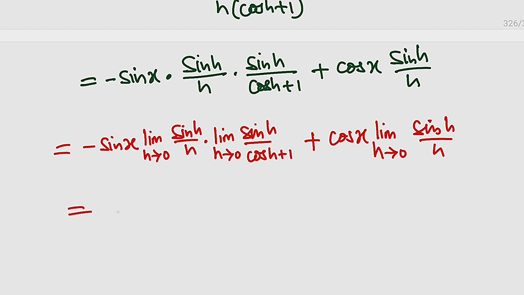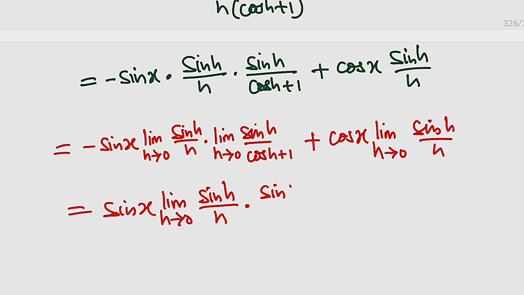This is equal to sine x multiplied by the limit as h approaches 0 of sine h over h. Then multiply by, I can substitute here, we have sine 0 on the top, divided by cos 0 plus 1.